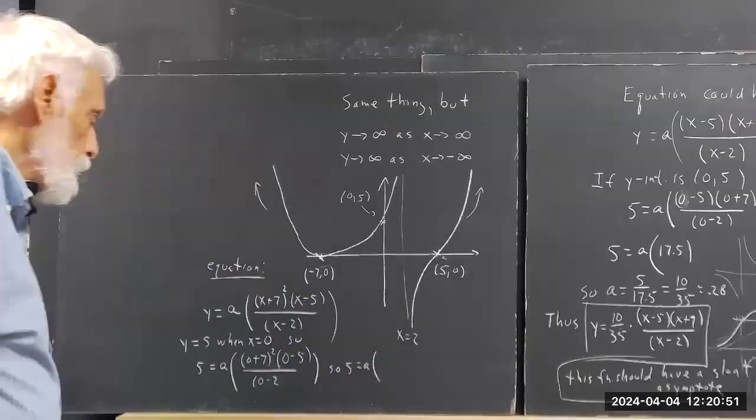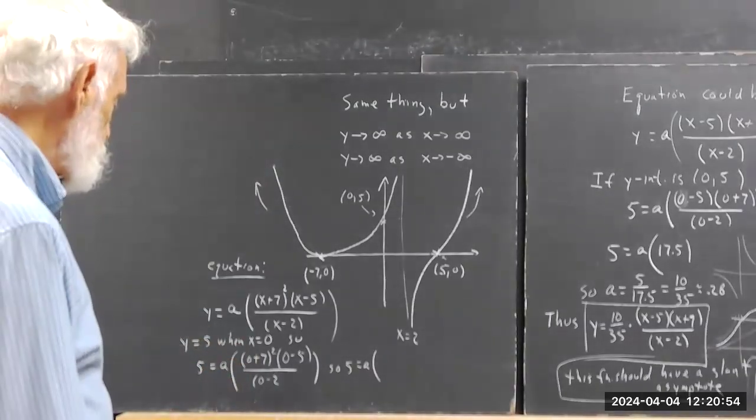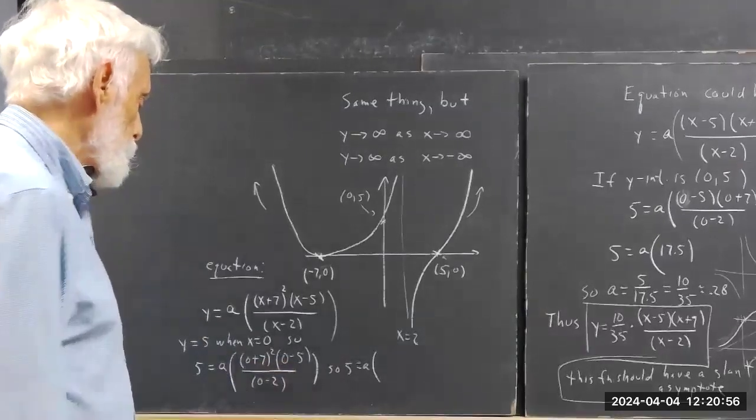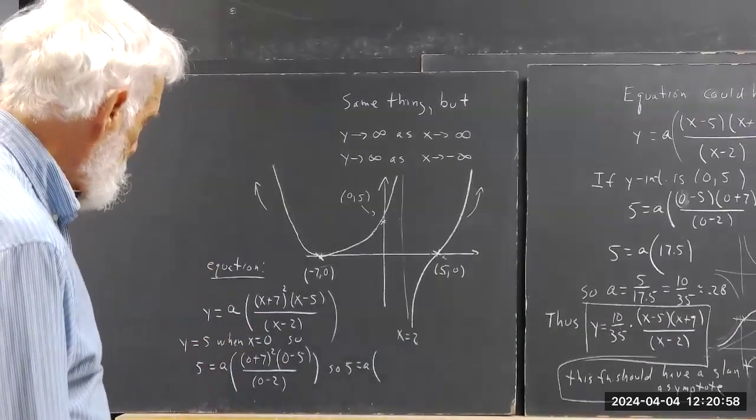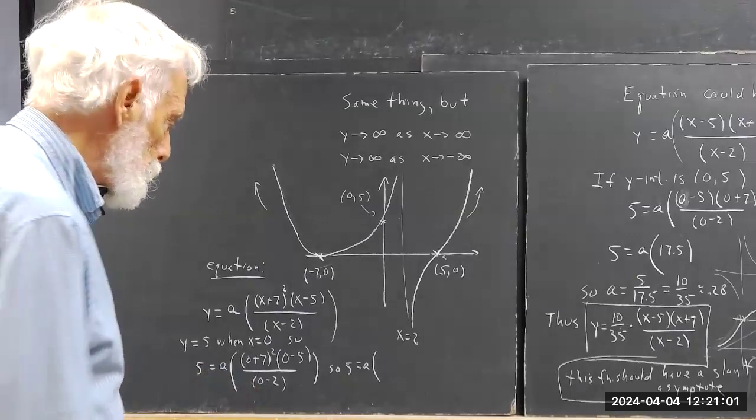So that's a times 49, and 49 times 5 is 245, divided by 2 is 245 over 2.